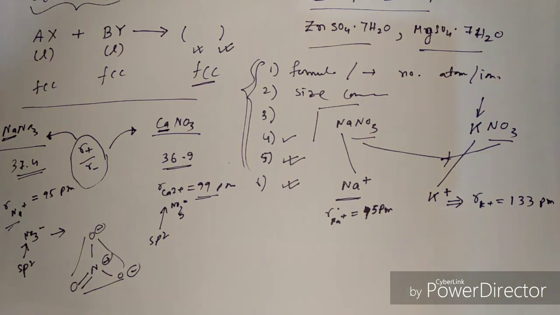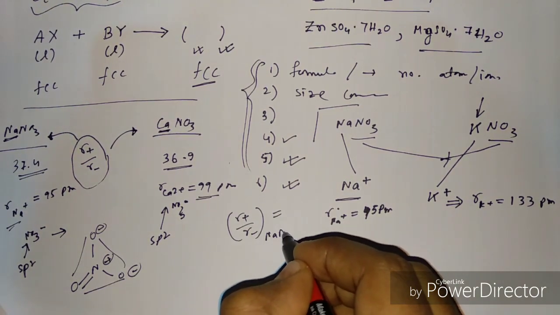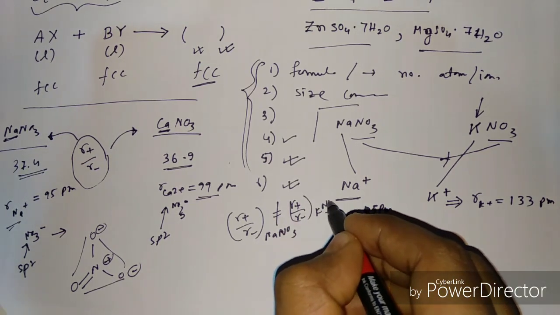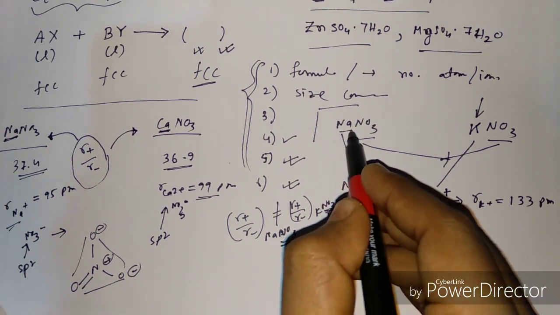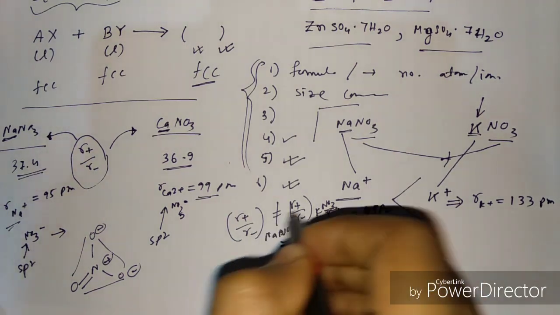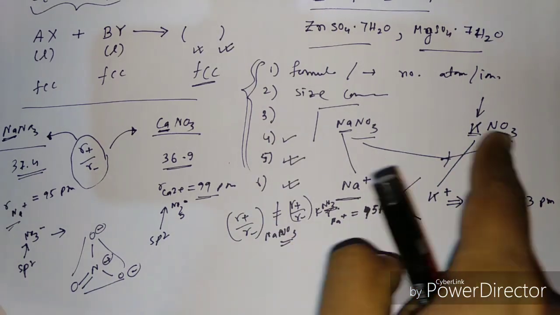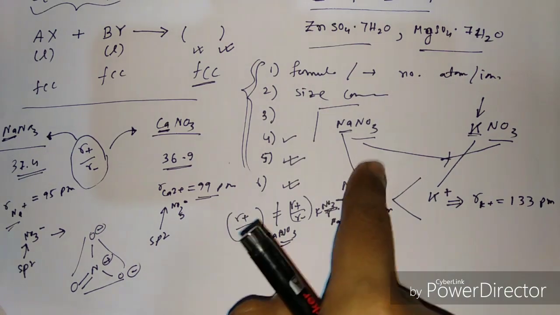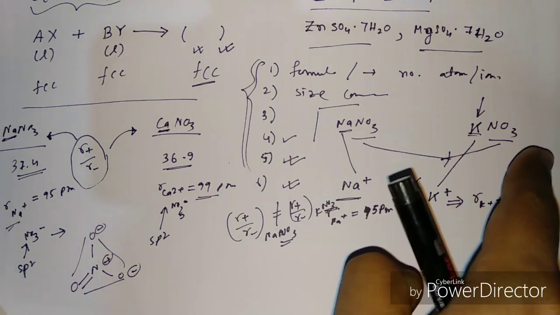Okay, so now the radius ratio R plus by R minus of NaNO3 is not equal to R plus by R minus of KNO3, because NO3 is common, so its radius is the same, but the radius of K plus is greater than Na plus, so this radius ratio will not be the same, so they will not be isomorphous to each other. Okay, so they will not co-precipitate or form crystals simultaneously. So these two do not show isomorphism.